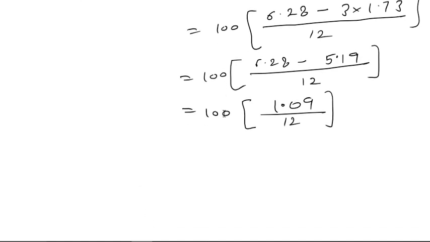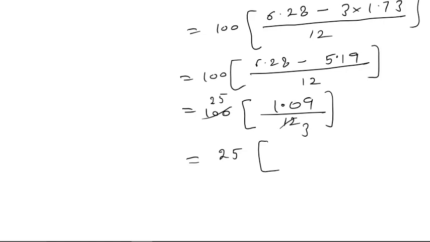Now first I will divide this 100 by 4, or better I can divide this 1.09 also. So here better I divide with 4. So here it is 25, and 4 into 3 is 12, 4 2s are 8, 4 5s are 25.